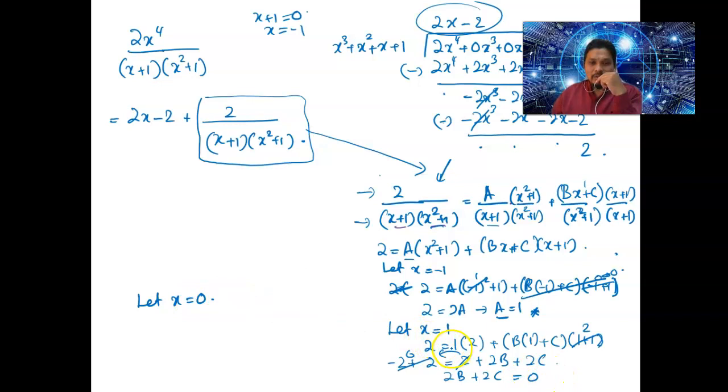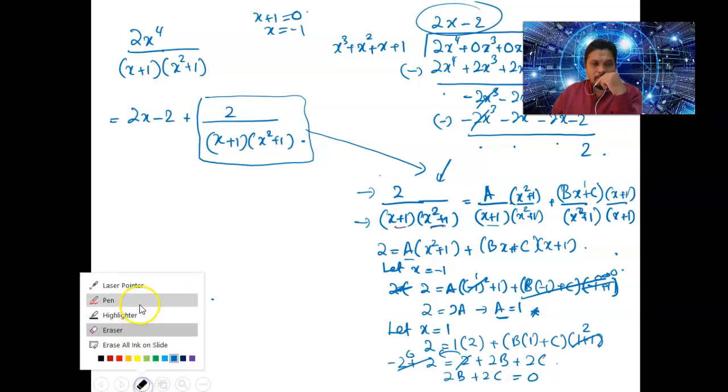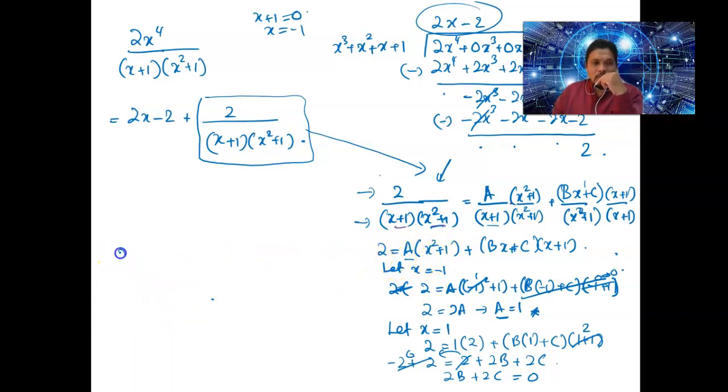And then when x equals 0, okay, I'll use this again. 2 equals a, where a equals 1, so 1 times (0 squared plus 1), which is 1, plus 0 times b, which is 0, and c times (0 plus 1), which is c.